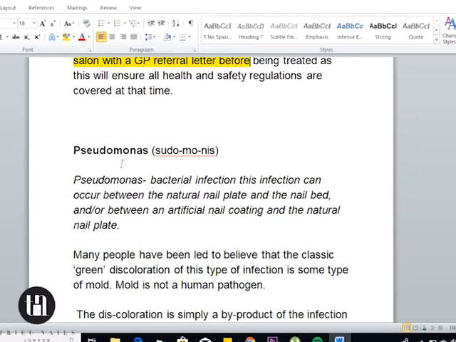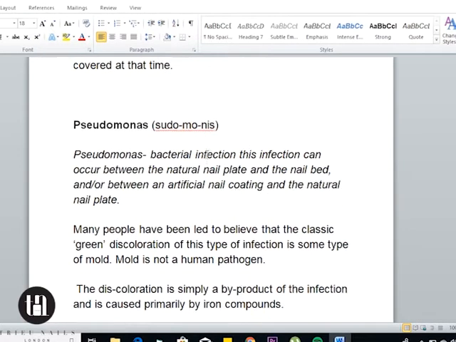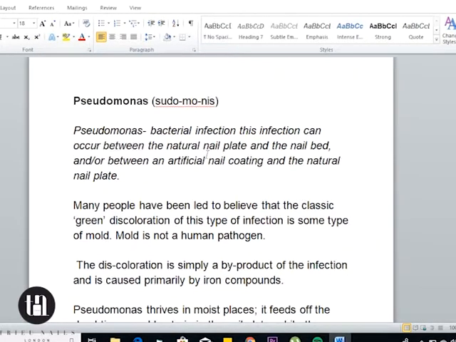Let's start with our first big word. It's pronounced Pseudomonas, and this is what it is. It's a bacterial infection that can occur between the natural nail plate and the nail bed, or even between the artificial nail and the natural nail plate.